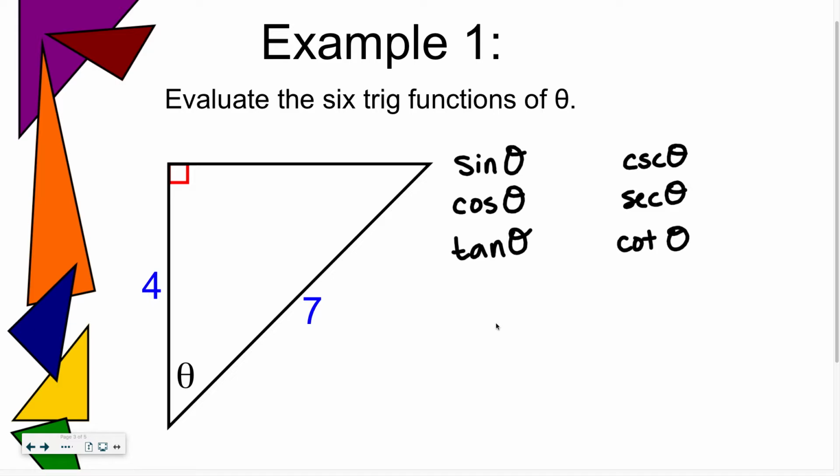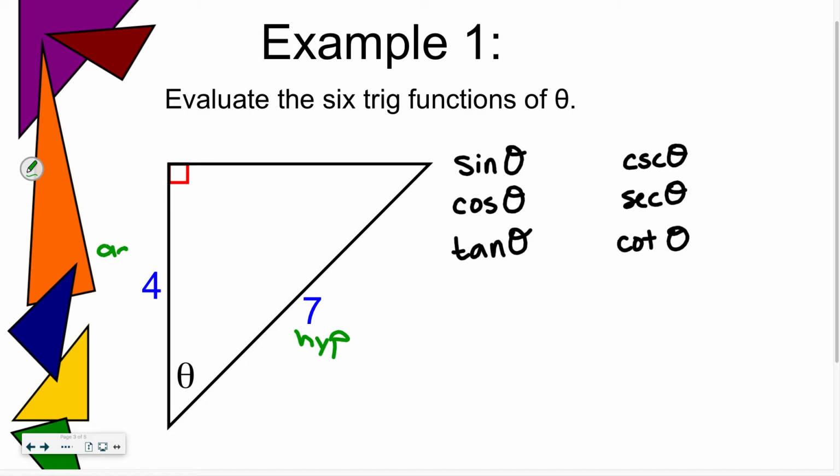What do you think I should do first? Delaney? Maybe think about which sides you know. So here's theta. In relation to theta, 7 is our hypotenuse because that's opposite the right angle. And the 4 is making the angle with the hypotenuse, so that side is part of the angle.